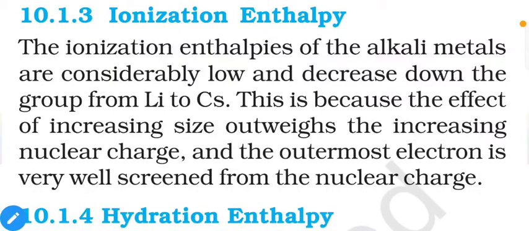And second point, outermost electrons are well screened. That means inner orbital electrons will neutralize most of the charge of the nucleus, and that's why the outermost electron feels very poor attraction towards the nucleus. It is called the screening effect.